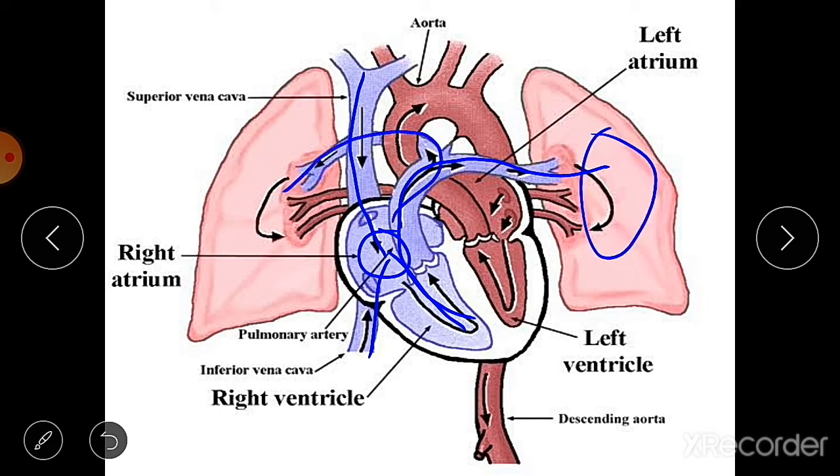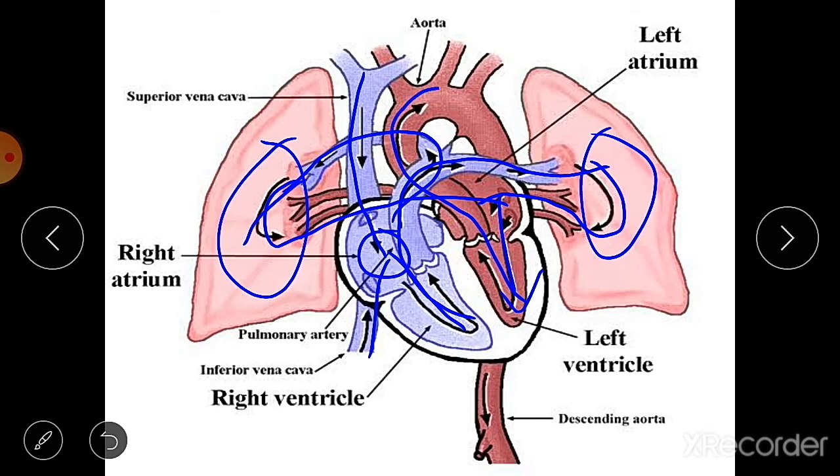Here the exchange of gases takes place. Then this oxygenated blood is collected and brought to the left atrium, then from the left atrium to the left ventricle, and then it is distributed by the aorta, that is an artery.